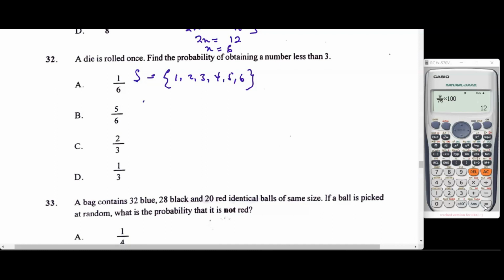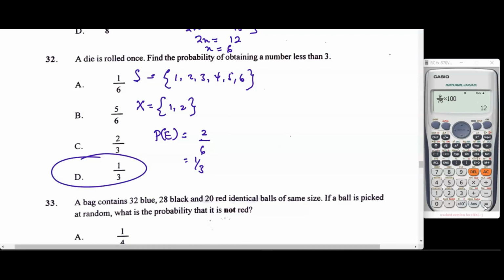So for the event x, number less than 3, we have 1 and 2. So the probability of the event x is going to give us 2 numbers out of the total of 6 numbers, and that is 1 on 3 if you reduce it. That's possible answer D.